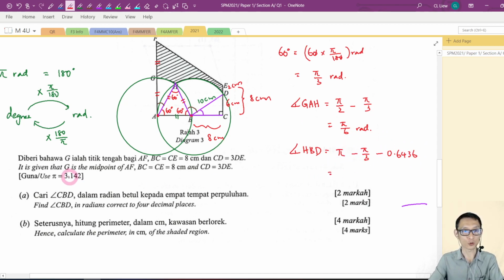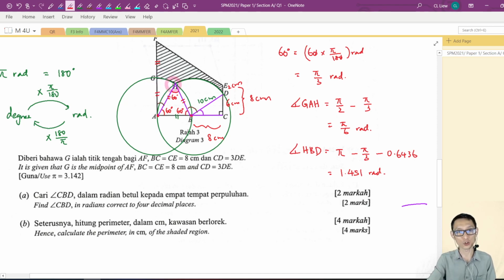So pi, I'm going to use 3.142. 3.142 minus 3.142 over 3 and minus 0.6436. Okay, so it will be 1.451 radian.